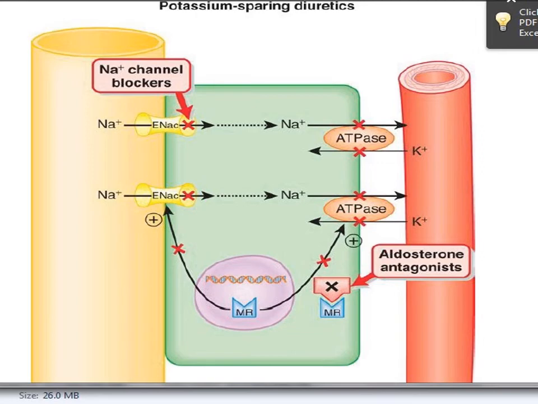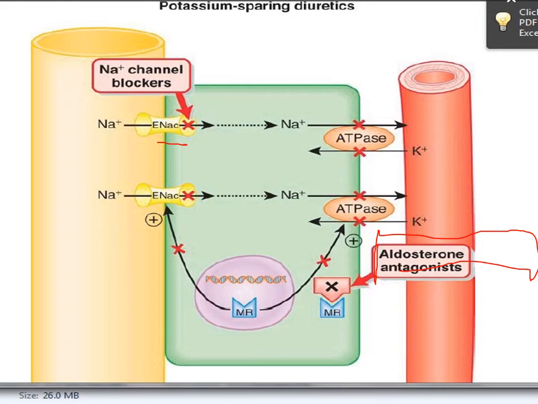Now, the epithelial channels are sodium channel blockers, and they block sodium. The aldosterone antagonists also block the effect of aldosterone at its receptor, so that sodium can't be absorbed.